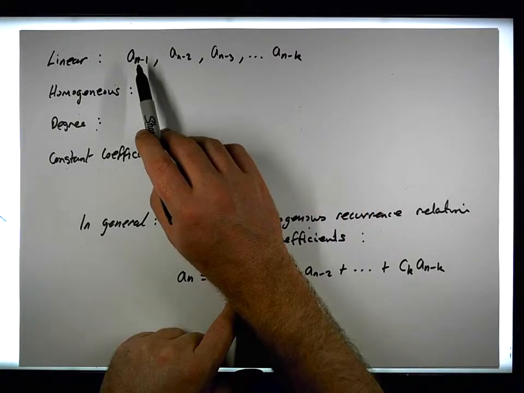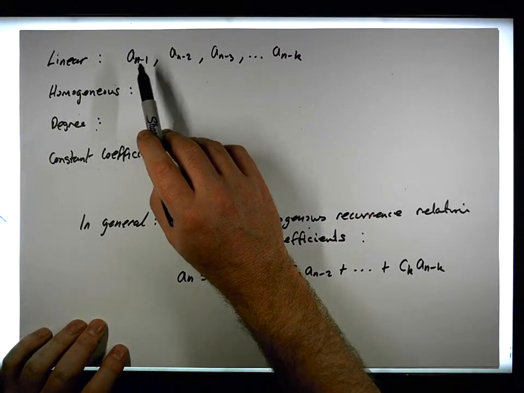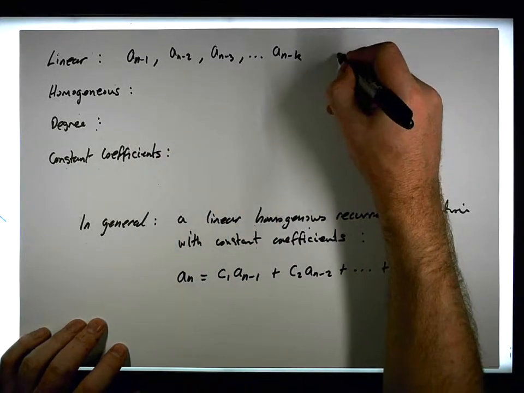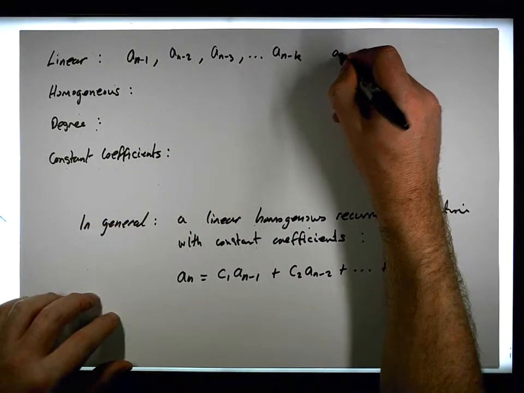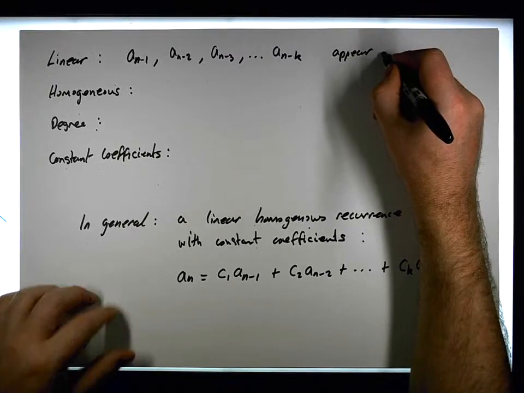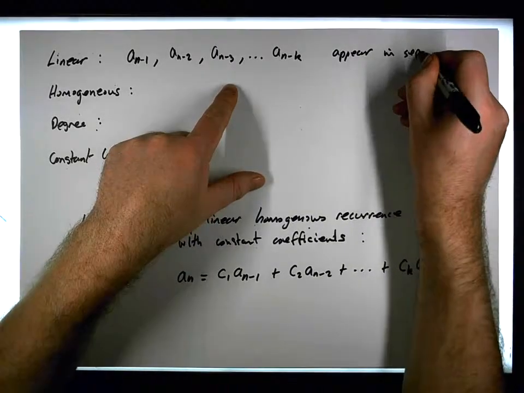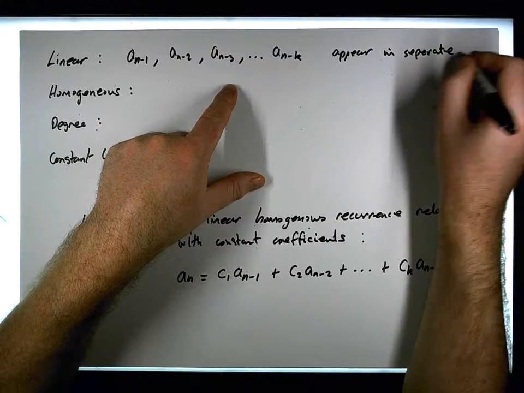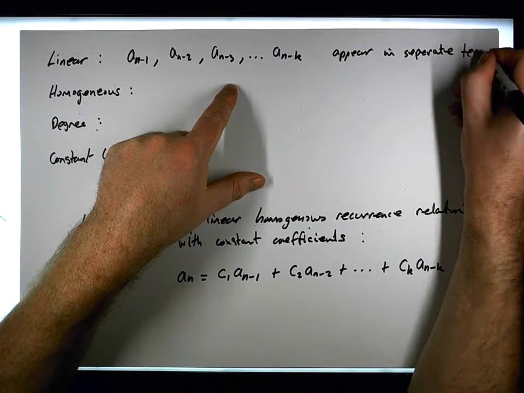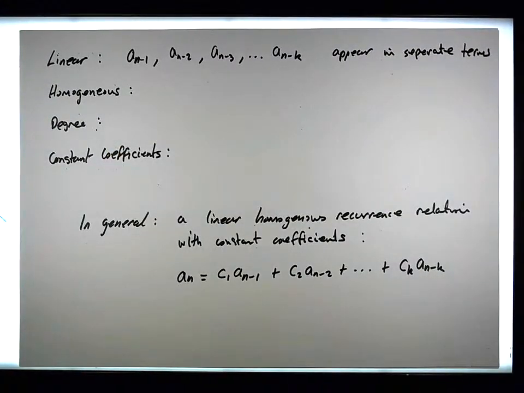Each one of these appears separately, in different terms in the recurrence. Okay, that's what it means to be linear.